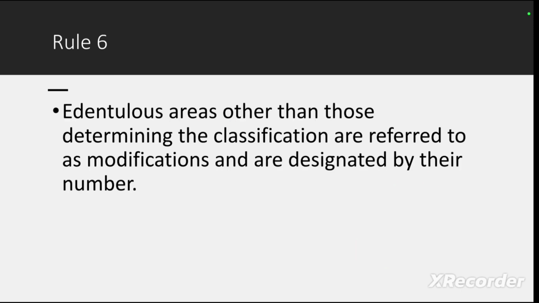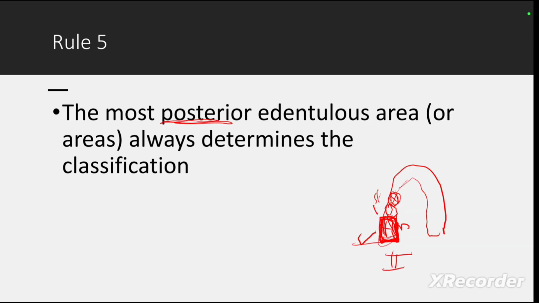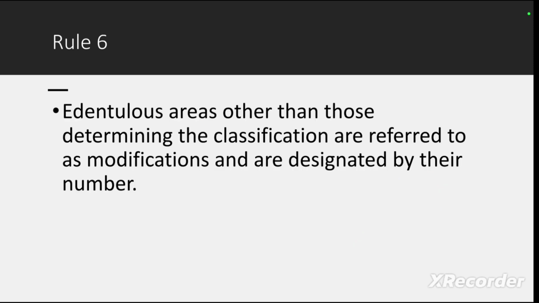Now coming to the sixth rule, edentulous areas other than those determining the classification are referred to as modifications. Just like the previous example, the edentulous areas other than the classification area are considered as modifications.